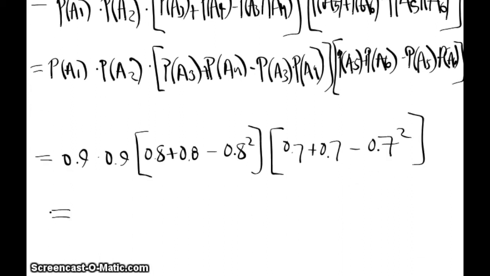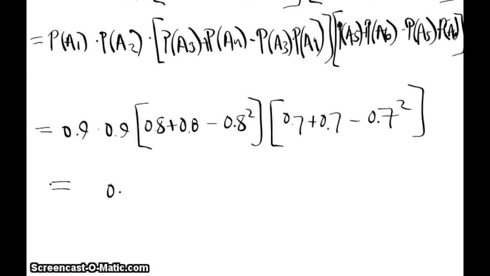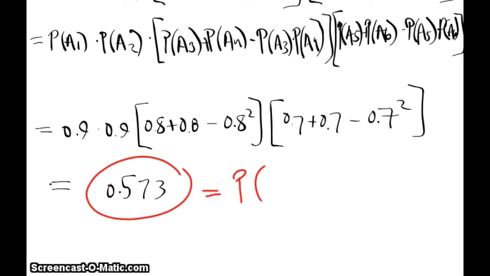And this ends up coming out to be 0.573. So this means that there's a 57.3% chance that with the arrangement of these components the system will work.